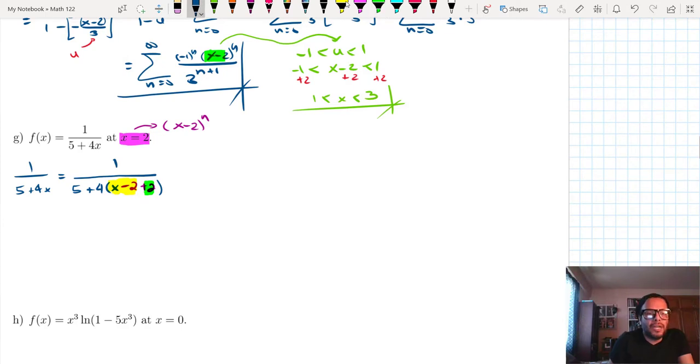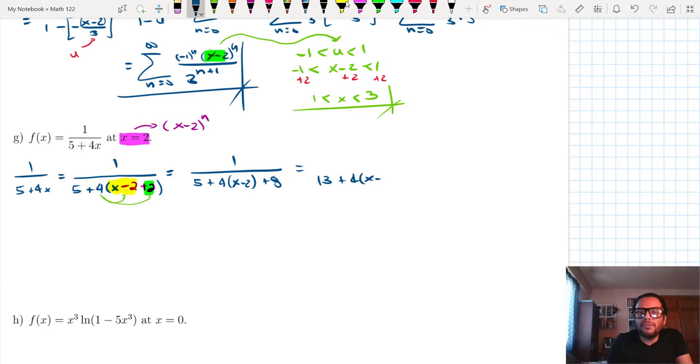Okay. Before adding that 2 with the 5, we need to distribute this 4 times x minus 2, 4 times 2. So 5 plus 4 times x minus 2, 4 times 2, that's 8. 5 plus 8, that is going to give us a 13 plus 4 times x minus 2.